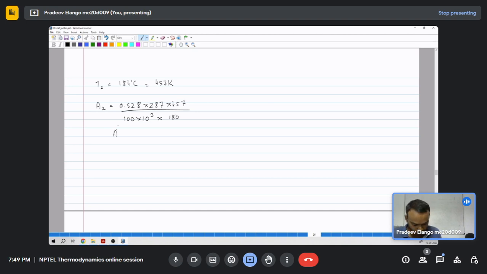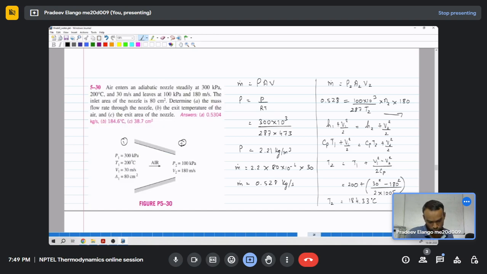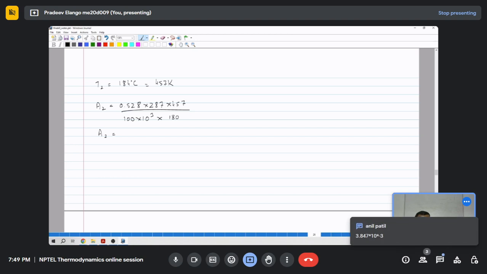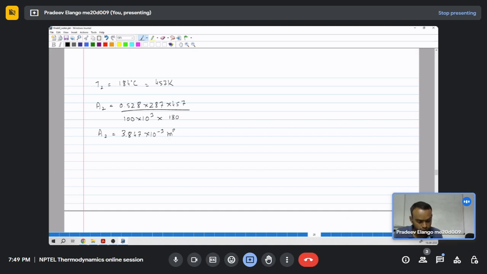Can you find the value of A2? This is 3.847 into 10 power minus 3 meter square, or 38.5 centimeter square.